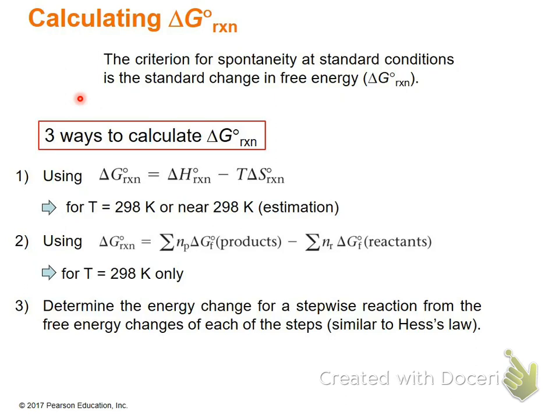So if you're adding 2 reactions to get the third reaction, then you'll also add up the delta G values to get the delta G of the desired reaction equation. Okay, so we'll take a look at every single one of these in a little bit more detail.